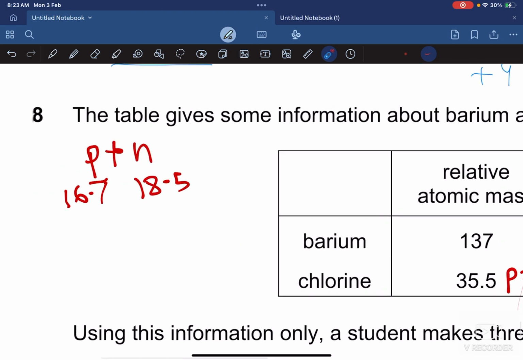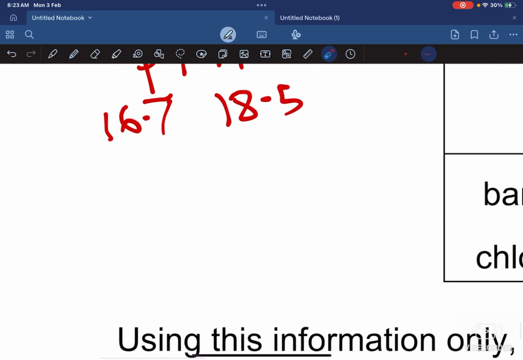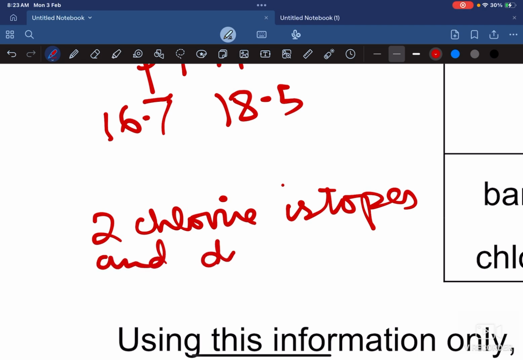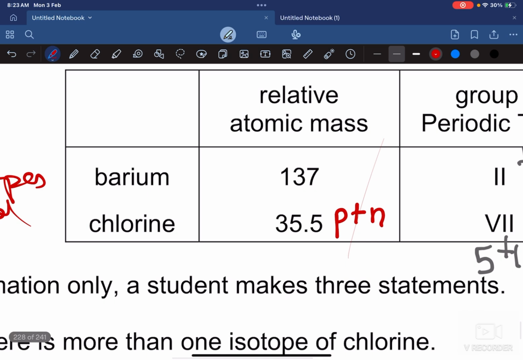This means that what we have done is we've taken the mass of 2 chlorine isotopes and divided it by 2. That's how you get 35.5. Okay? Because simply you cannot get this by adding protons and neutrons.